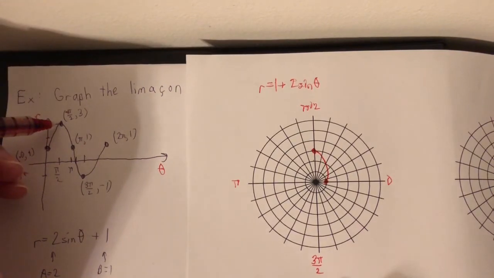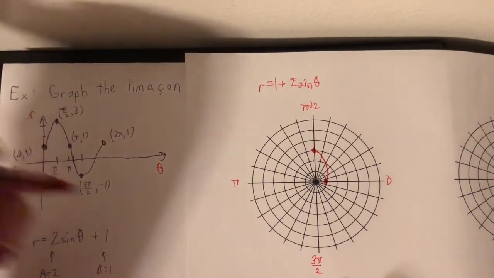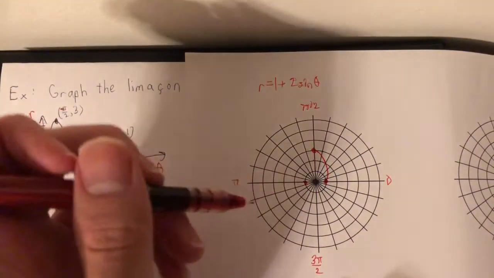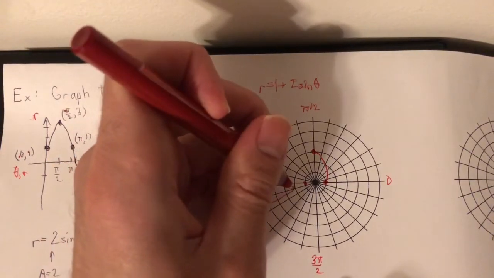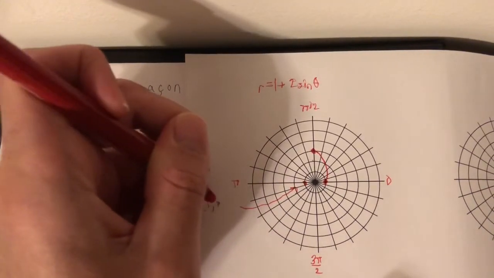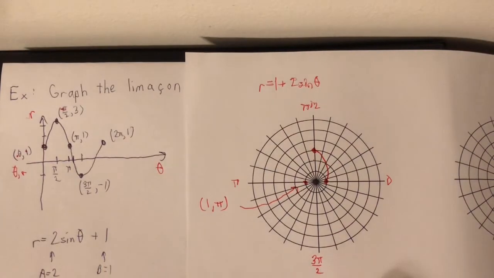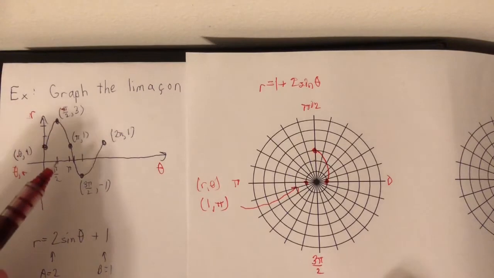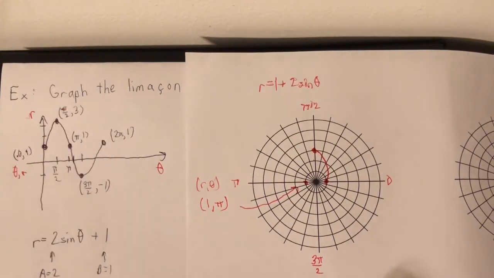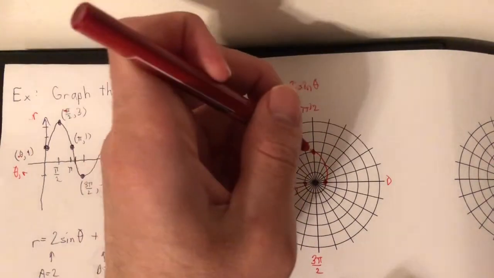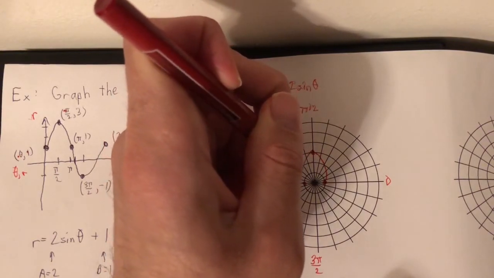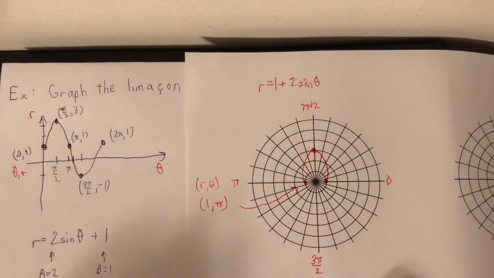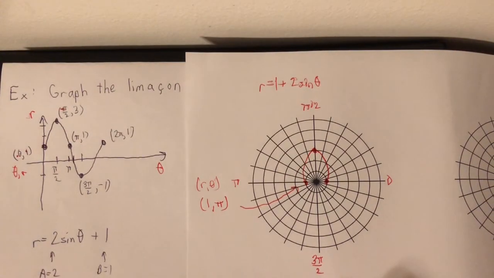Now, as theta goes from pi over 2 to pi, I'm going to have the point 1 pi on my polar graph. So again, reversing theta and r. So in polar, we have r comma theta. Here we're looking at theta comma r, so just be careful of that. Curling back around. As my angle increases through the second quadrant, my distance from the pole is going to decrease back to 1.